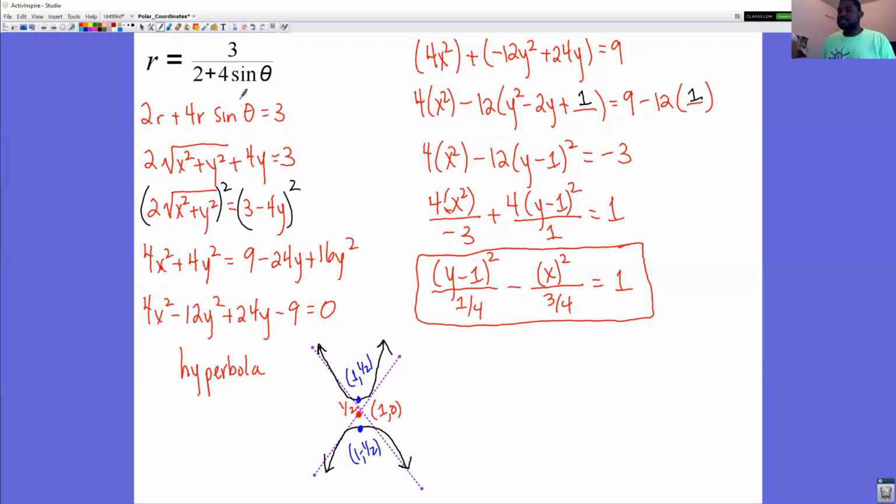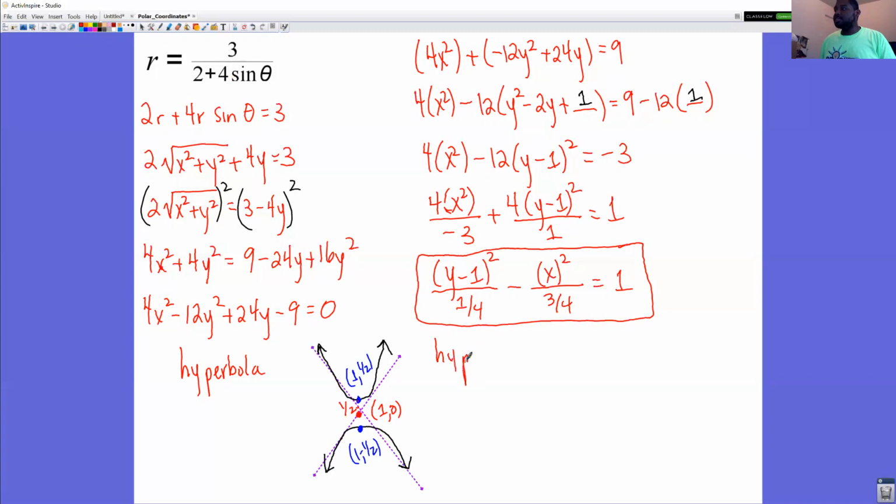That's our vertices. And our asymptotes are going to be the square root of b over the square root of a. You divide them, and then you use the center to write the asymptotes in point slope form.